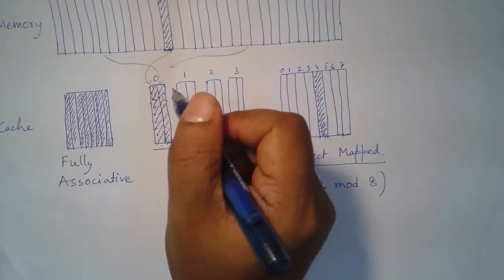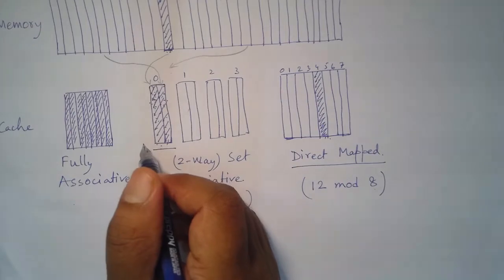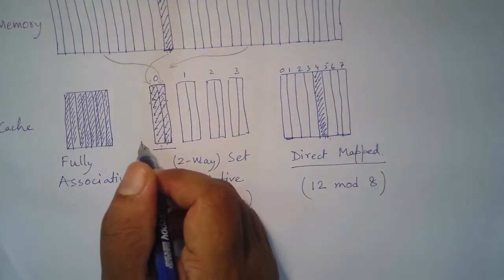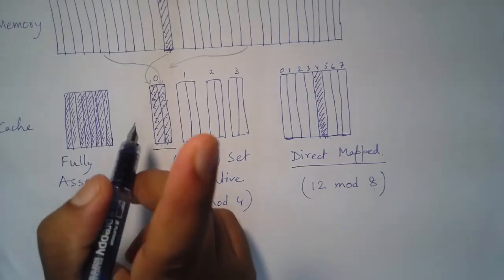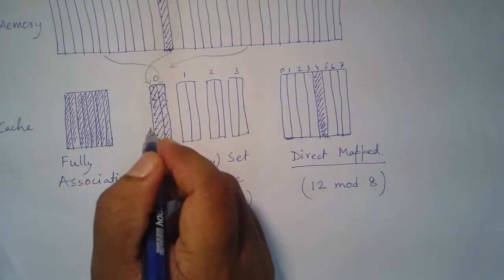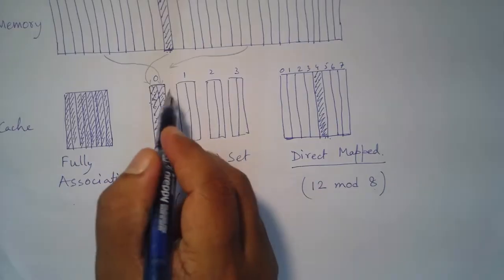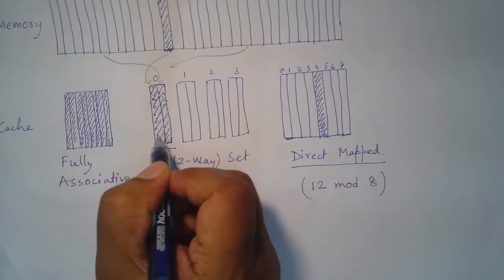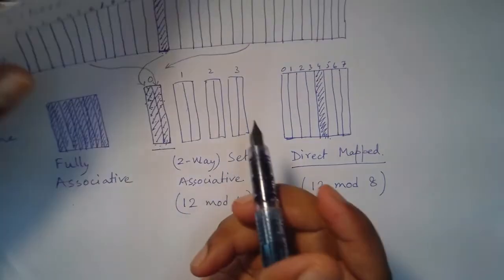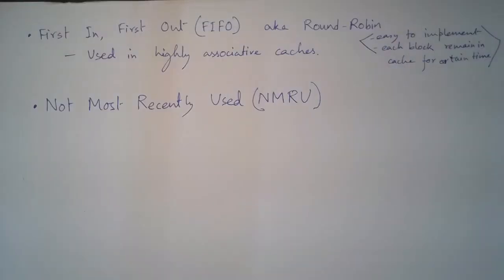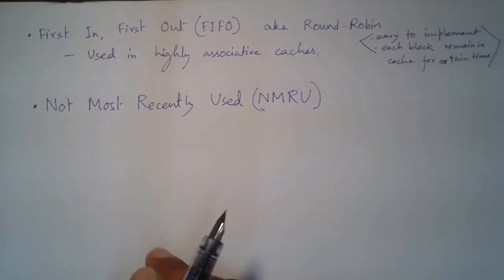Okay. So here you can think of it as applying FIFO, but along with FIFO you are also checking whether the block which is supposed to be evicted now is the one which is most recently used. If it is most recently used, then you will not evict it. So implementing this also is not very difficult, because you have to just keep track of which block is most recently used.